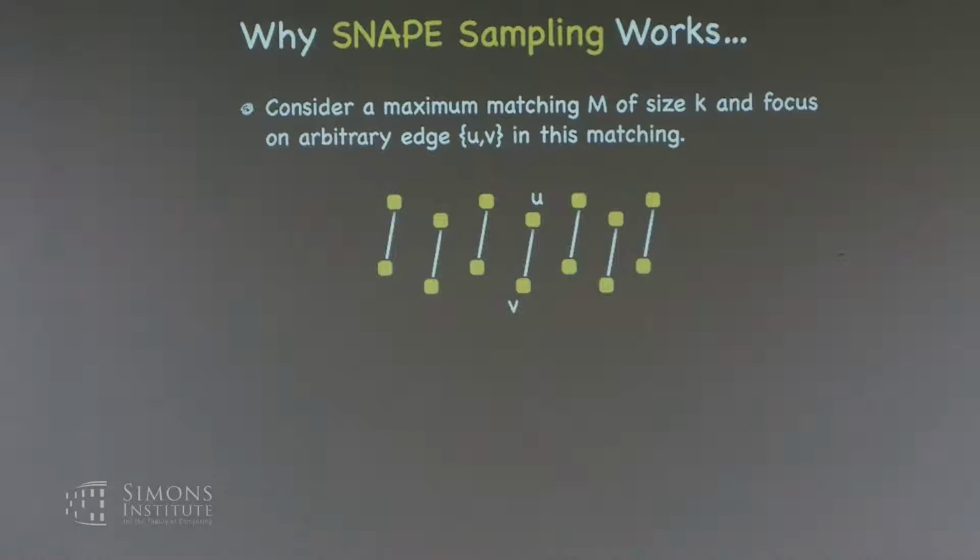I said the maximum matching was of size at most k, so let's fix a particular matching of size k. Say it's these 7 edges here. We're going to assume this is maximum, and we're going to focus on a specific edge in this matching, say UV.